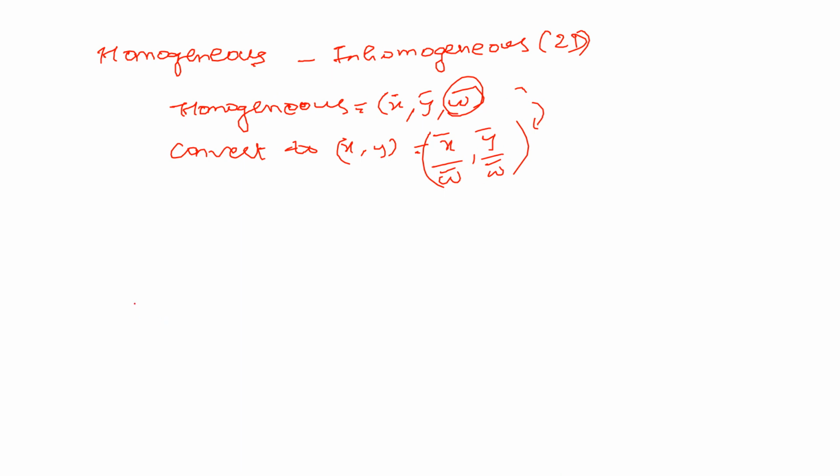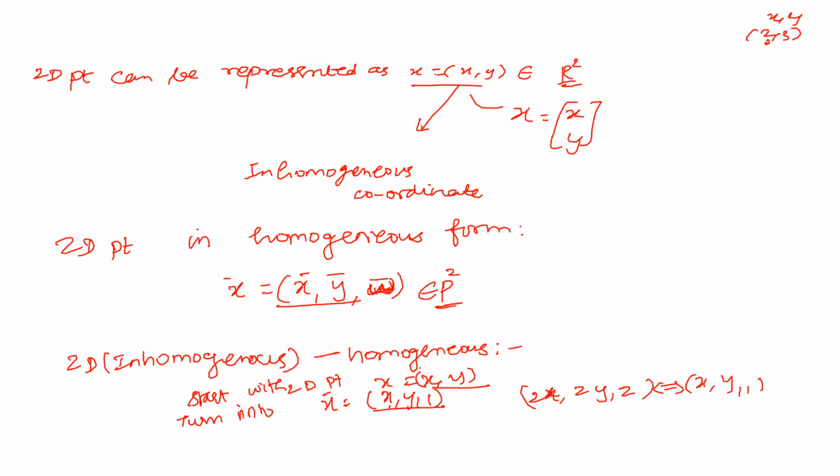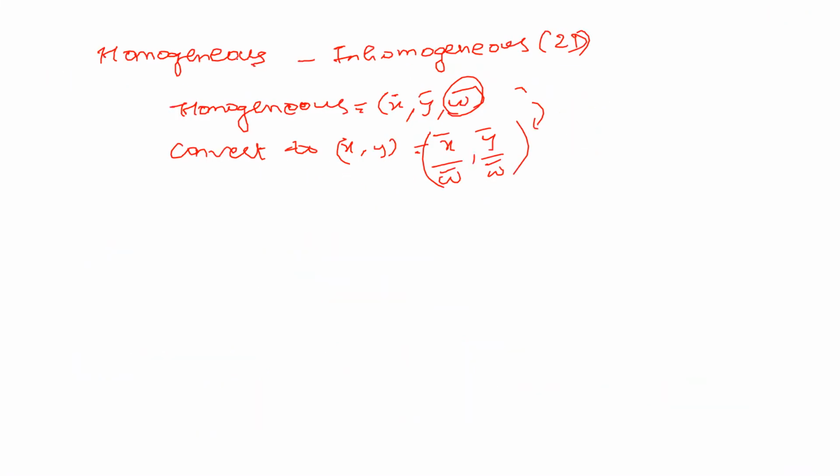In the previous case, we were additionally adding one parameter of value 1. In this case, three parameters are converted to two by dividing the first and second parameters by the third.